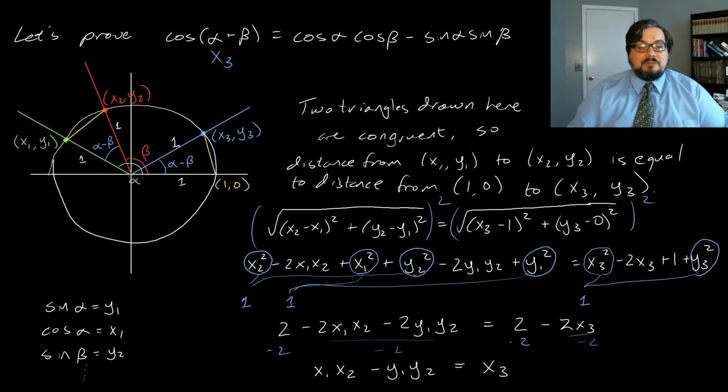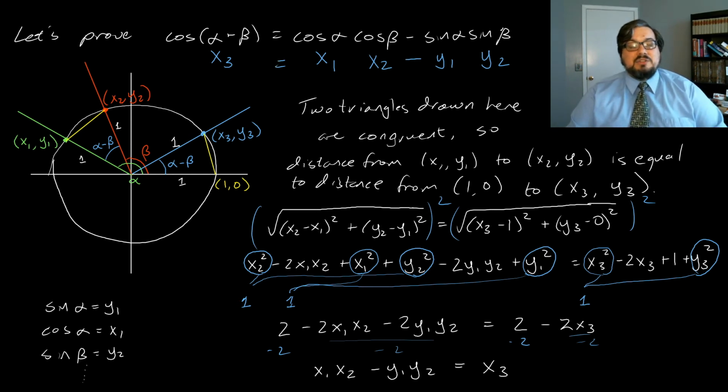Now similarly, alpha is the green angle, so cosine of alpha is x1, sine of alpha is y1. Beta is the red angle, so cosine of beta is x2, sine of beta is y2, and this is precisely what we proved. So by using congruence of triangles and the distance formula, we were able to show that cosine of alpha minus beta is equal to the formula that we want: cosine alpha times cosine beta plus sine alpha times sine beta.